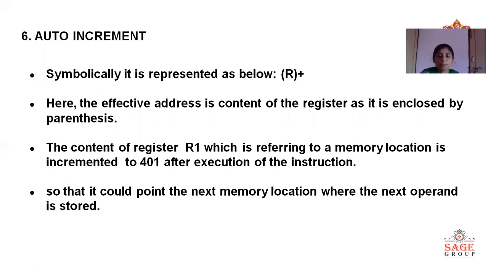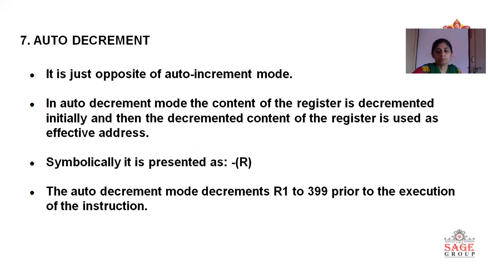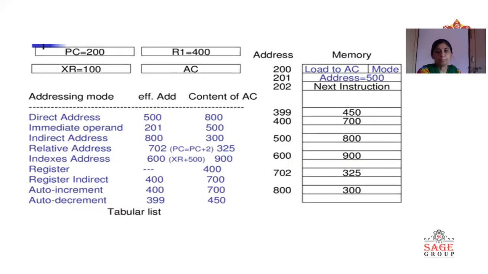These are the basic differences between them. One is the symbolic representation, and the other is that in auto increment the pointer moves to the next address, 401, after the execution of the instruction, but in auto decrement the pointer is on the memory location before the execution. We can understand this with an example. If address 400 is given, then 700 will be loaded into the accumulator, but the pointer will be at 401.